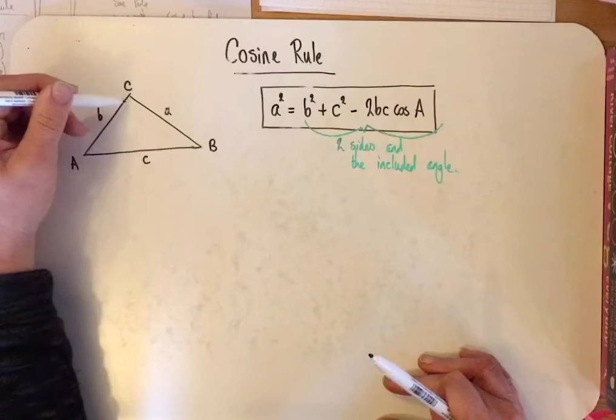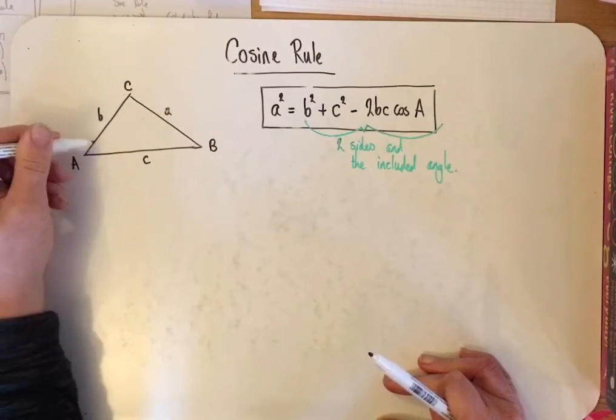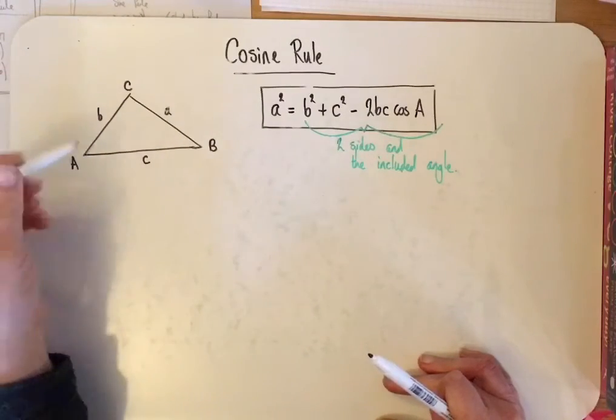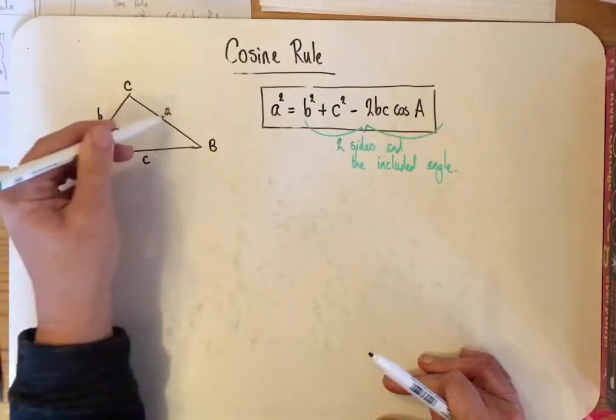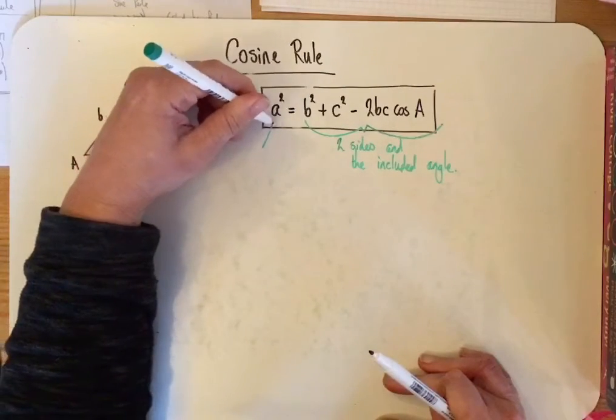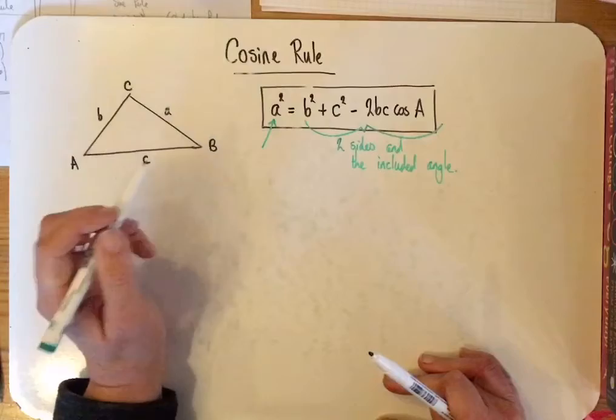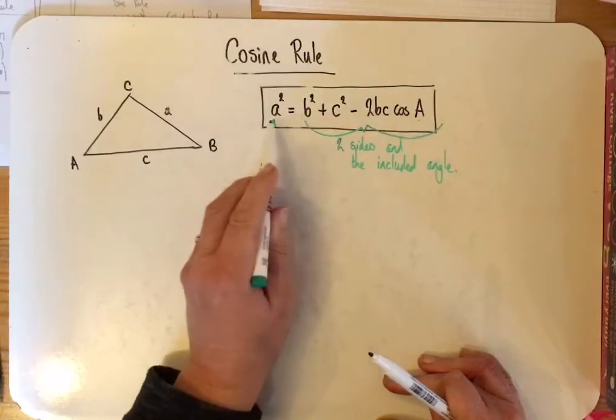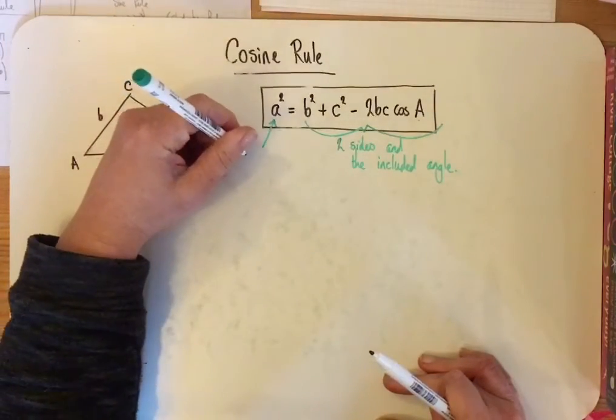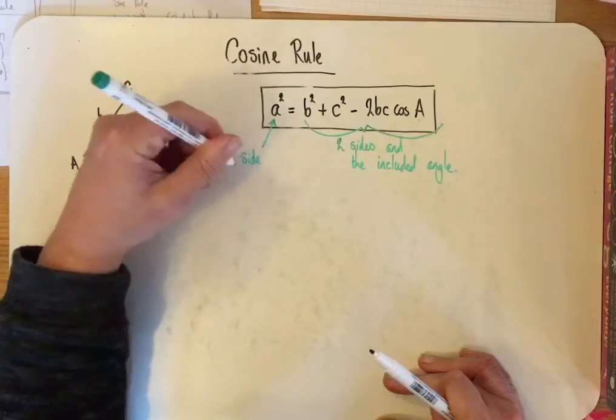So we've got two sides, b and c, and the included angle A between the two. And then the left-hand side, the lowercase a, is the side opposite to the angle.